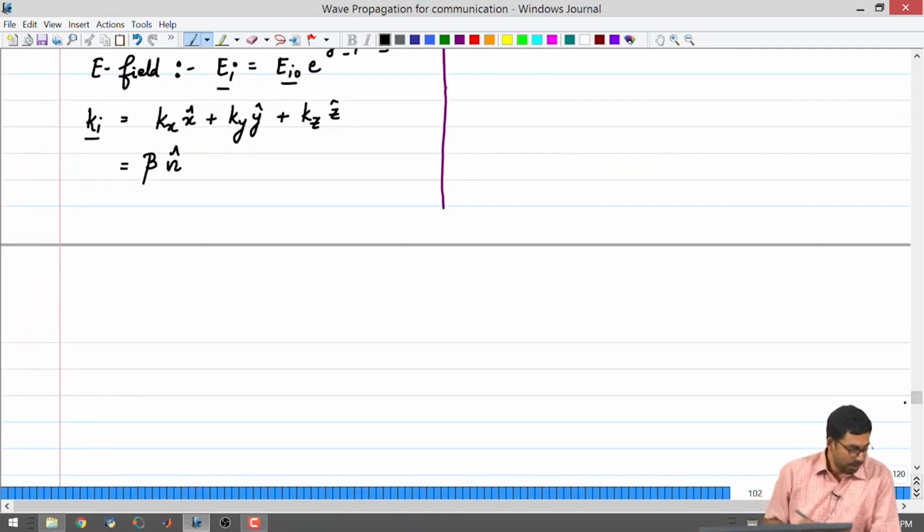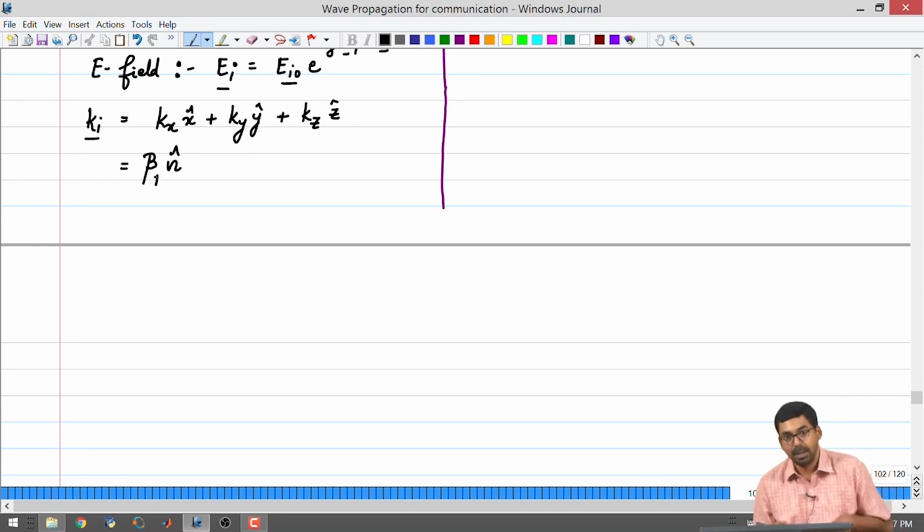Right. So, I can always say that beta, for the medium on the left hand side, is beta 1, to be very clear, because permittivity is epsilon 1, and we already know that the phase constant is going to be different in different media, alright, the velocity is also going to be different in different media.